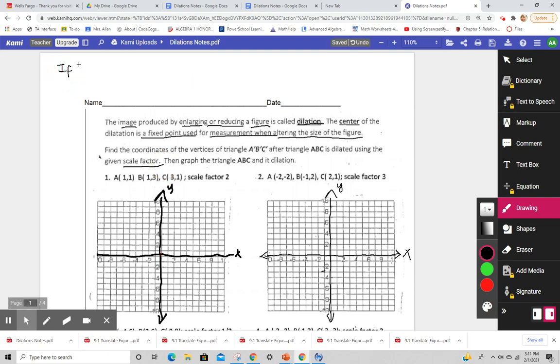If the scale factor is greater than 1, it's an enlargement.